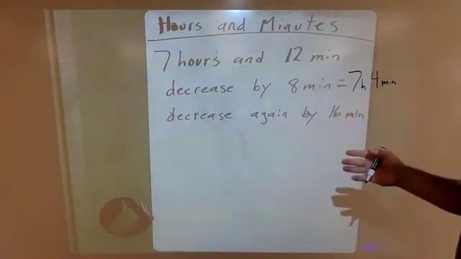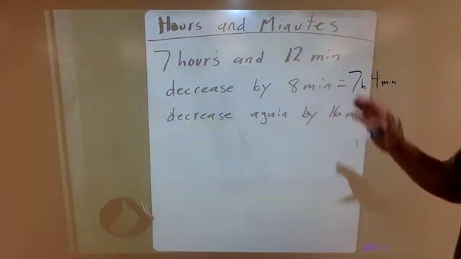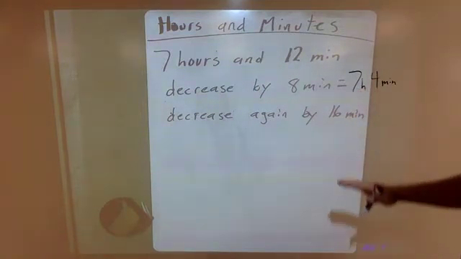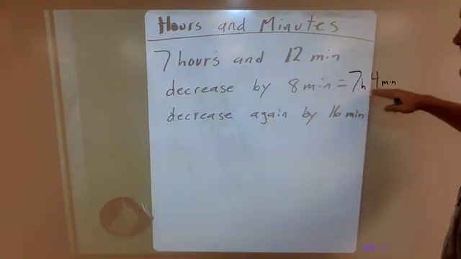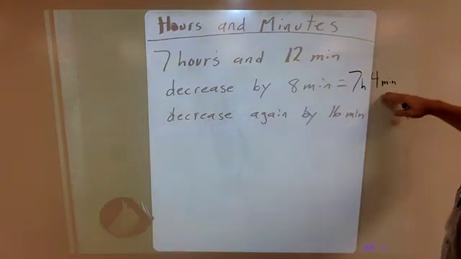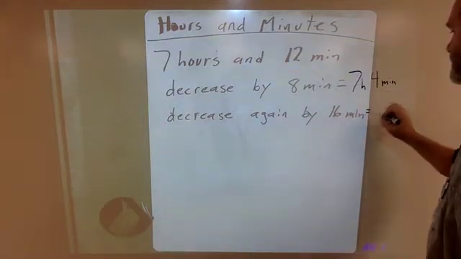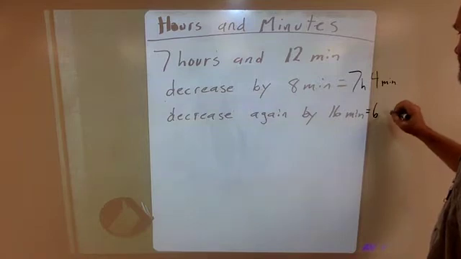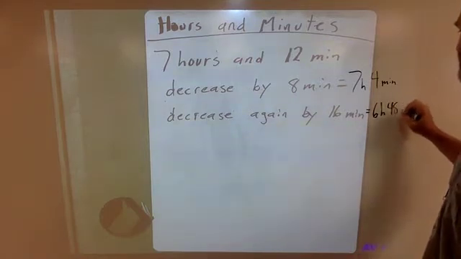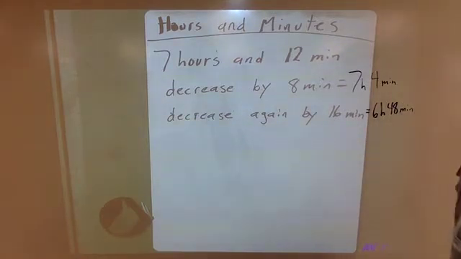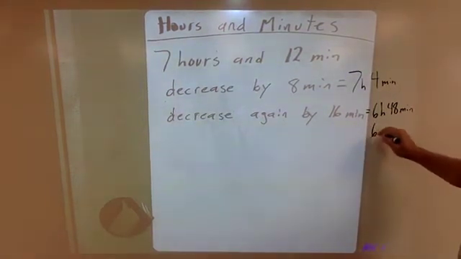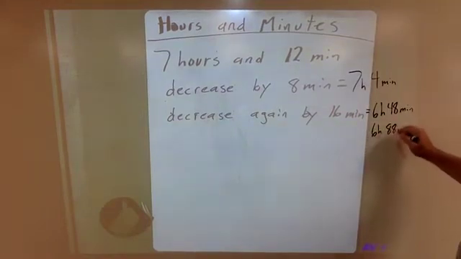So here's an answer that some people want to give. Well, let me just show you the correct answer first. You decrease by 16 minutes from 7 hours and 4 minutes. The answer would be 6 hours and 48 minutes. Some of you doing this in your head might have thought the answer was 6 hours and 88 minutes.